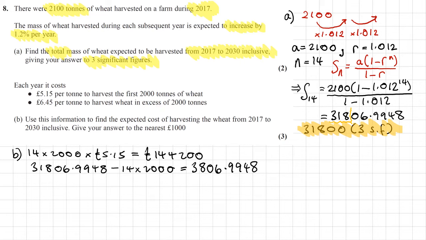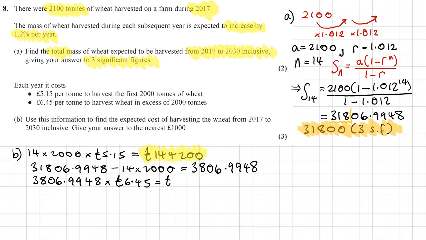And it's per tonne, not per 2,000 like before. So I'm now going to do 3,806.9948 times the £6.45 and see what that cost is. So let me highlight the first part of my cost, which is that, and now work out this additional cost.